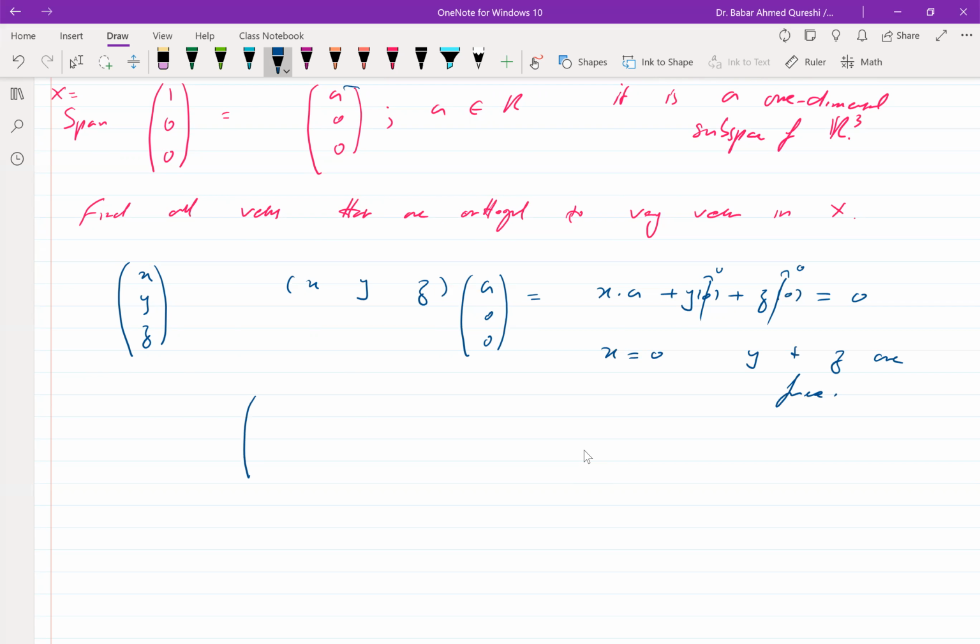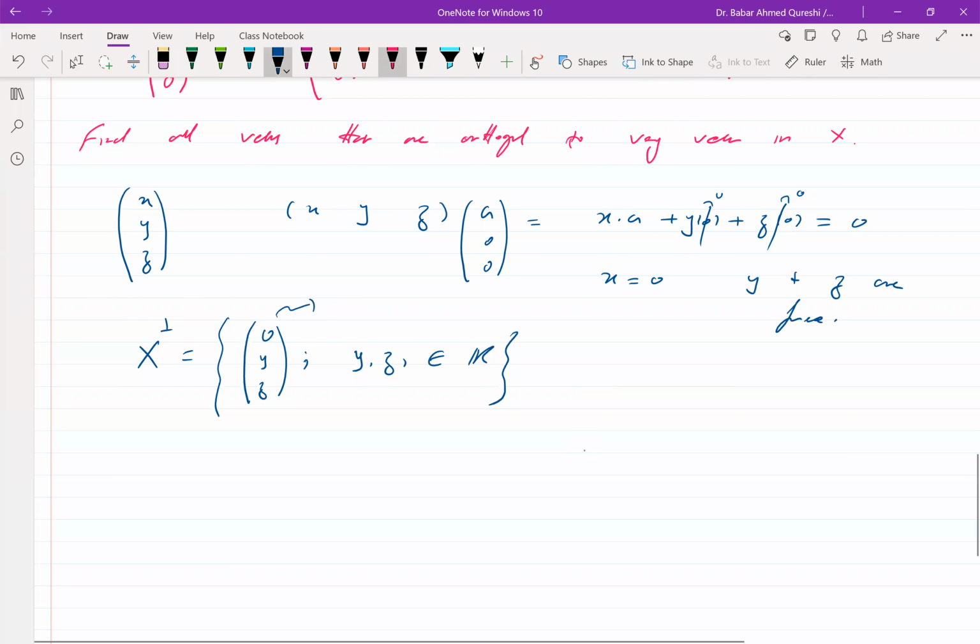So all vectors of this form, where Y and Z are arbitrary, are the orthogonal complement of this space.